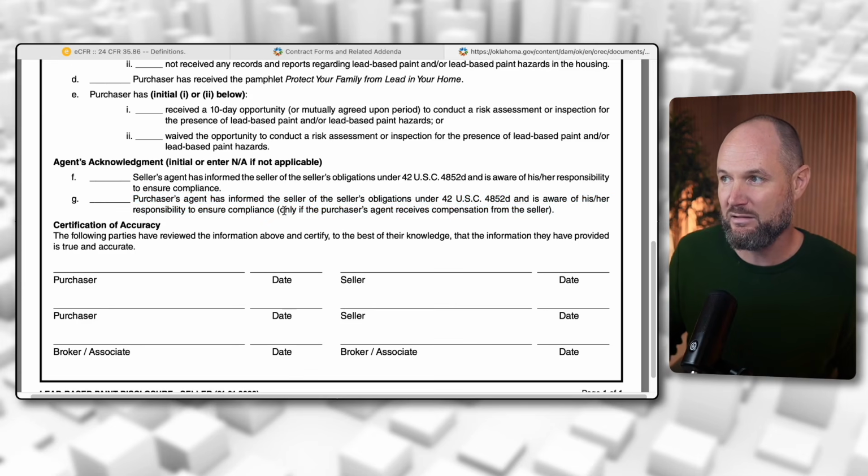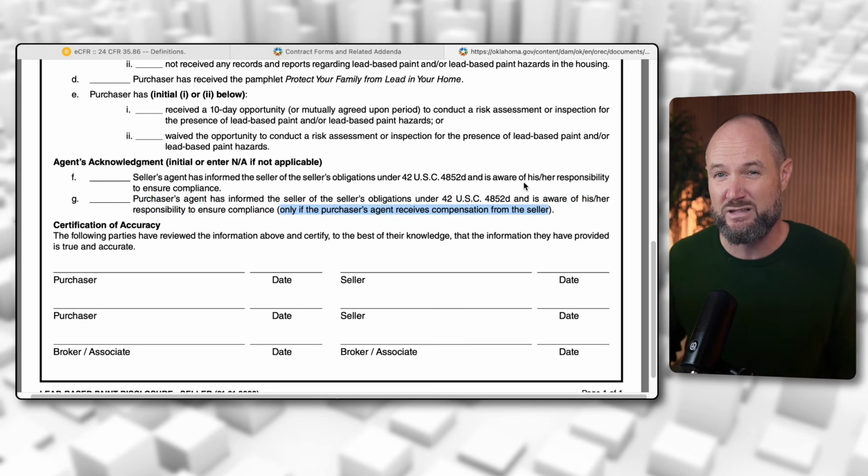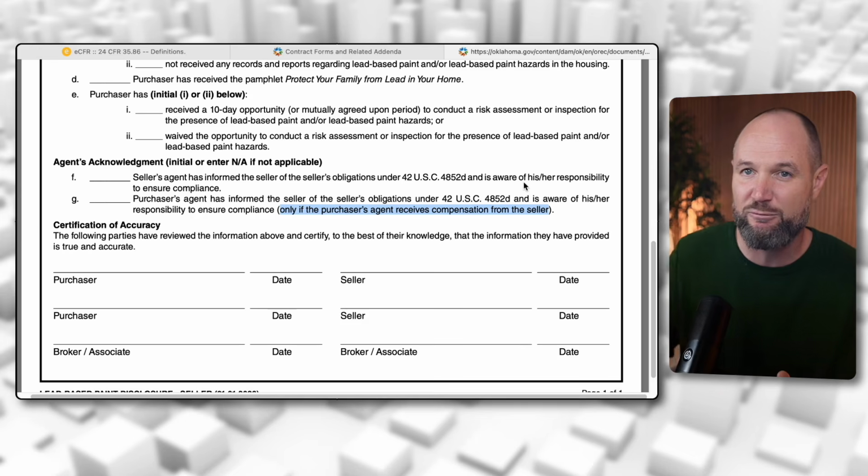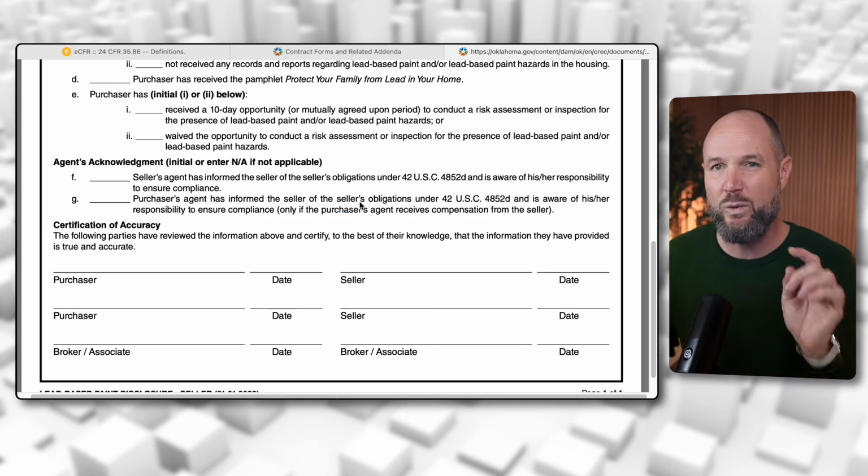And now they've added in this language of only if the purchaser's agent receives compensation from the seller. But I want to clarify that a little bit because the way we do compensation now is a little bit different. So let's dig into the actual lead-based paint disclosure rules to get the definition of agent and why that matters for whether you as the buyer's agent need to disclose or not.